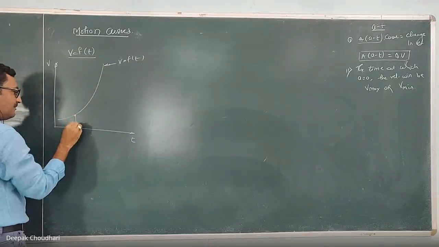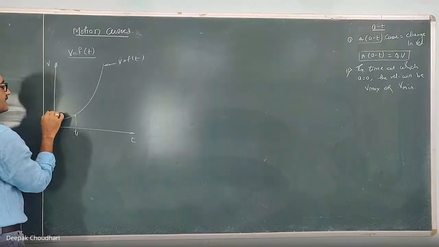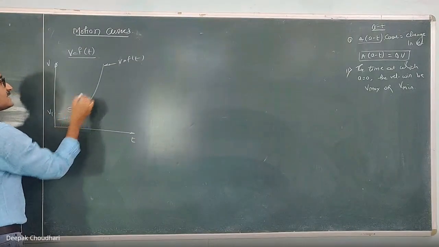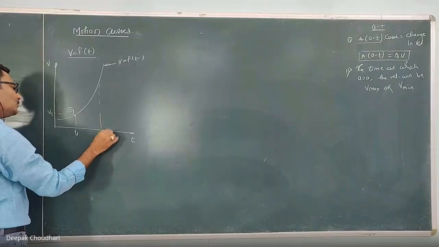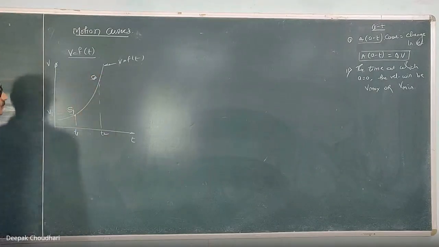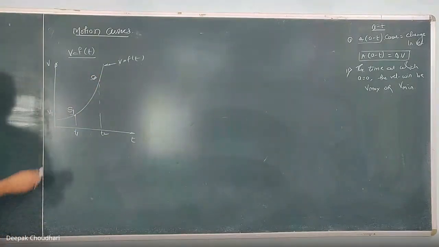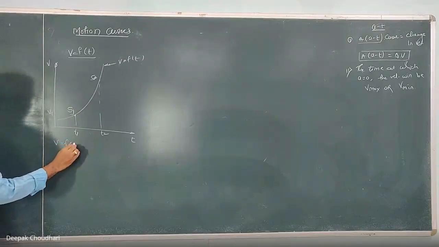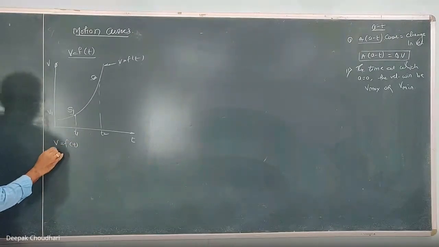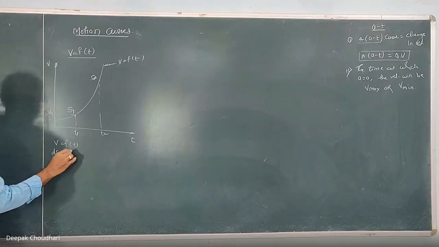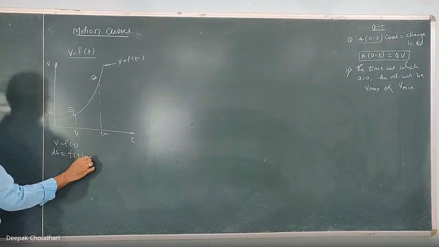So at this time t1, when the velocity is v1, let the displacement is s1, and at time t2, let the displacement is s2. Okay, and the same procedure, this v is given as f of t. This v can be written as ds by dt. If I separate the variable, so ds equal to f of t into dt.